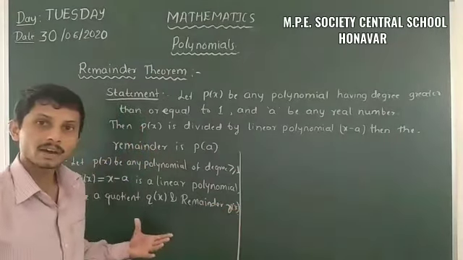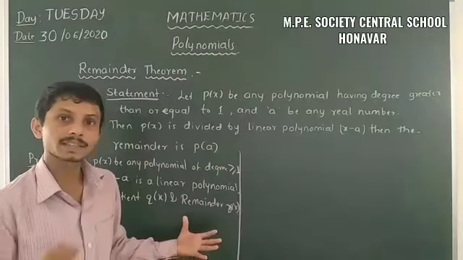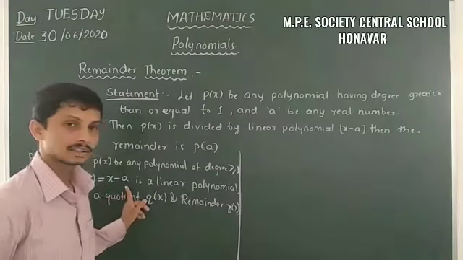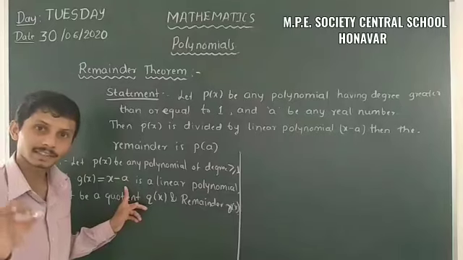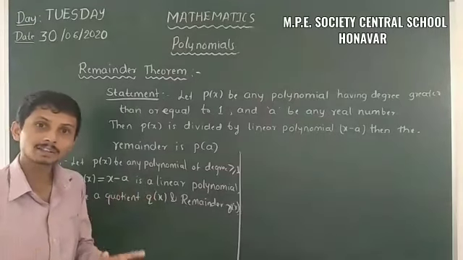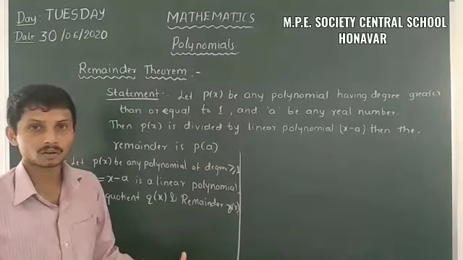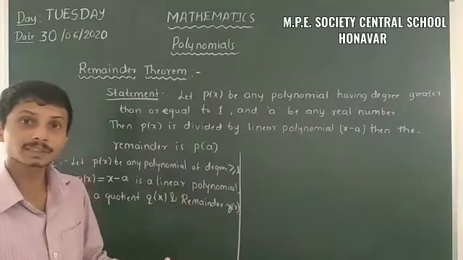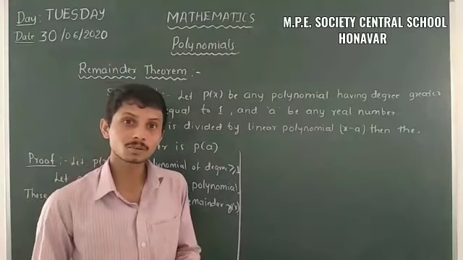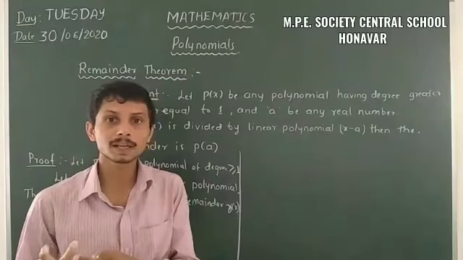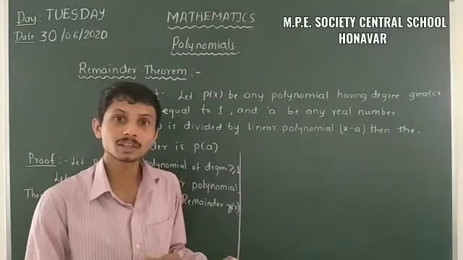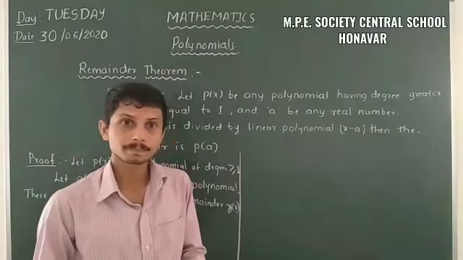So we have the polynomial p of x as the dividend, g of x equal to x minus a as the divisor, and also a quotient q of x and a remainder r of x. It can be expressed in the form: dividend is equal to divisor into quotient plus remainder. We already know this relation of division.